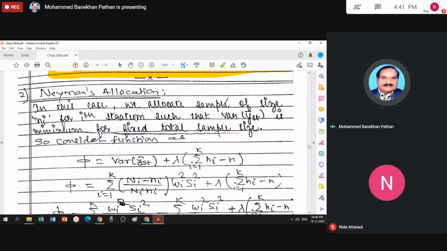So this is the assumption of Neyman allocation. What does it say? It says try to decide the value of ni.